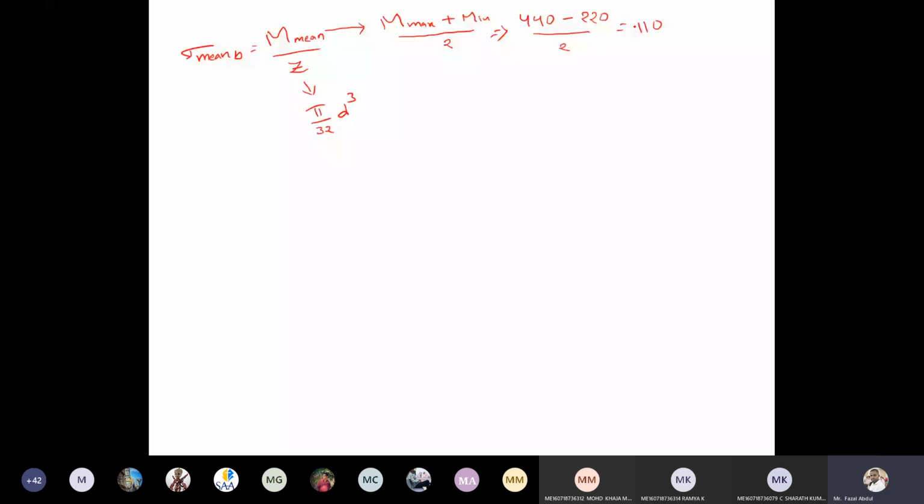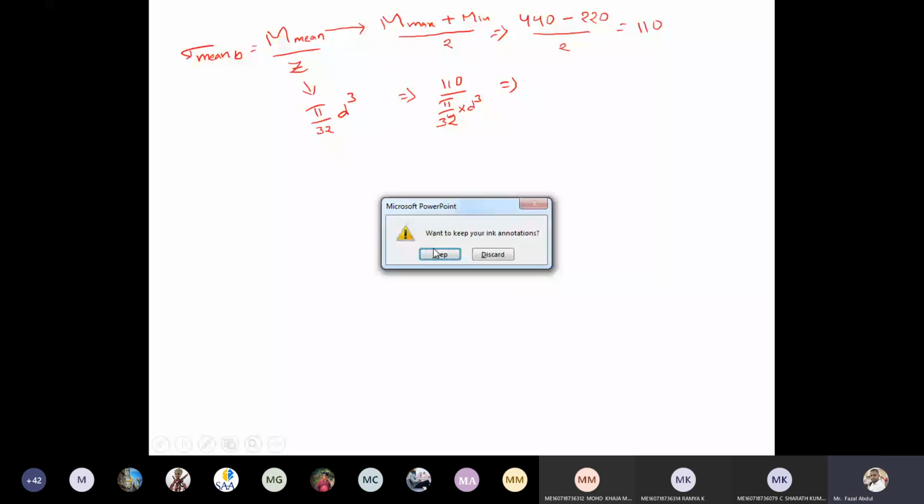Now substitute here. 110 by pi by 32 into d power 3. How much will you get as the mean bending stress? Yes, anybody? 1120.45.